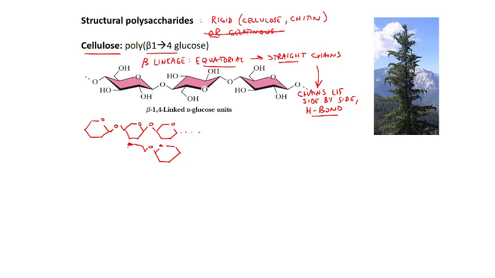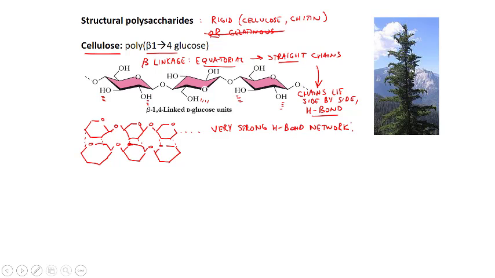They're actually anti-parallel, which is how I'm trying to draw it here. Not doing a very good job. Whatever. The chains hydrogen bond with each other because we have all of these OH groups sticking off of the sides, and so these are free for hydrogen bonding with other molecules. So we end up with this very strong hydrogen bond network in cellulose.